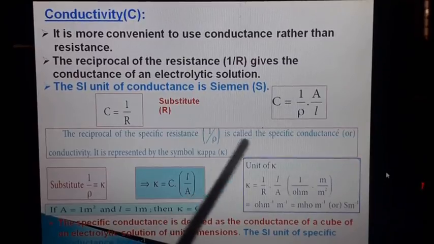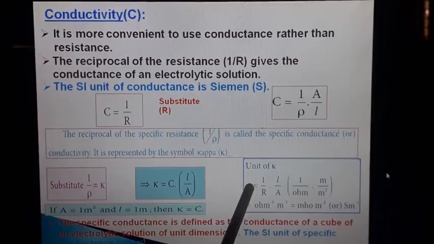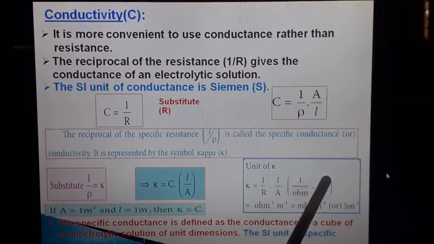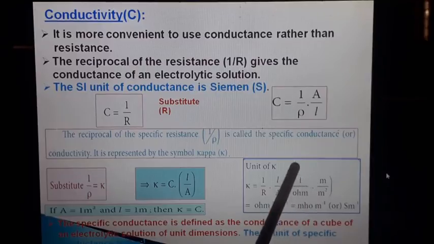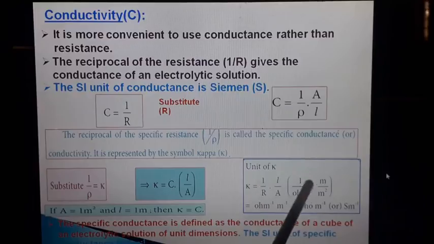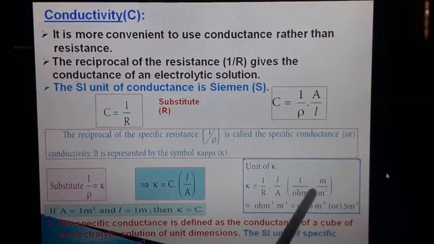You see the relationship: kappa is equal to 1 by R into L by A. Unit wise, 1 by ohm into meter divided by meter square.